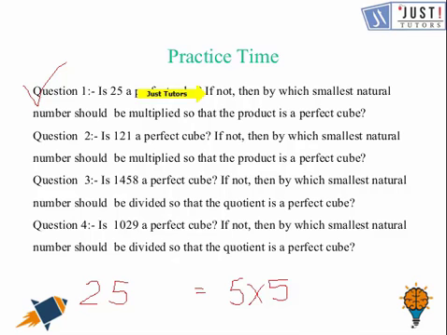So we are going to multiply it by another 5 to make it a perfect cube. The same I need to do at that side. So the smallest number by which it should be multiplied so the product is a perfect cube will be 5. What you can do now, just pause the video and try the rest of them.